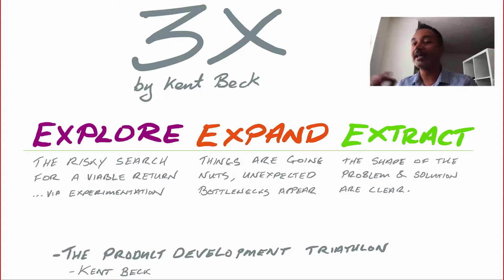It can be any idea at any level, but for the purposes of this, let's just stick with the product development level. So when you're exploring, that's the point at which you're doing a somewhat risky search for a viable return. This is where we might experiment with an idea, say a feature idea.